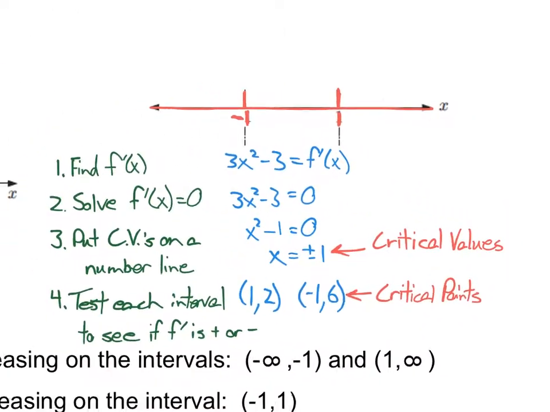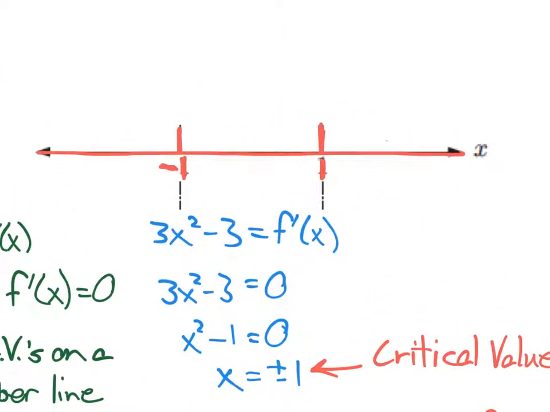Well, let's look at our sign diagram. I pick any number that's to the left of negative 1. So negative 2. If I plug in negative 2, I get 3 times negative 2 squared minus 3. Well, that's 3 times 4, which is 12, minus 3 is 9. Now, I don't really care what that number is. All I care about is what the sign is.